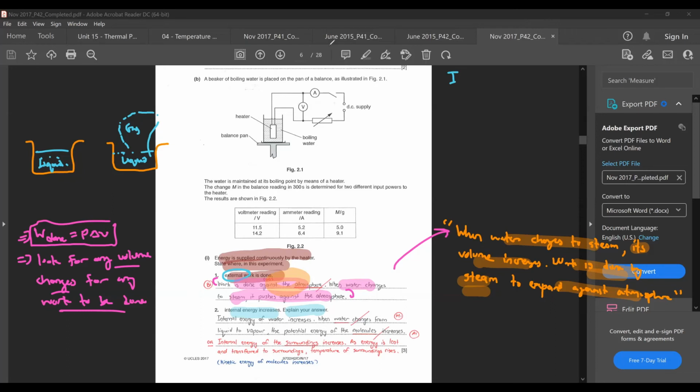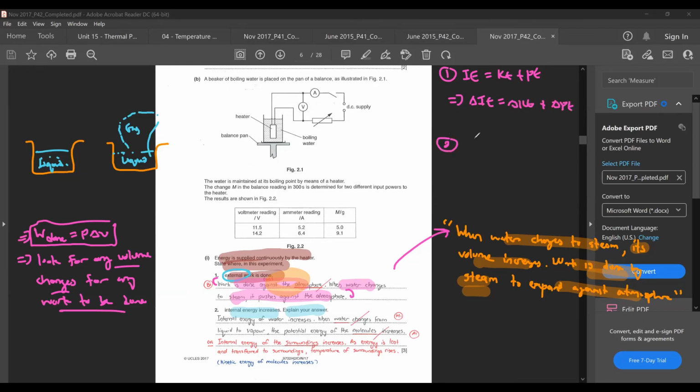Remember in the first part of your lesson, I mentioned a few things. Changes in internal energy can be found in two different ways: from the definition of internal energy itself, or from the thermodynamic first law. So internal energy is KE plus PE, so the change in internal energy is equal to change in KE plus change in PE.